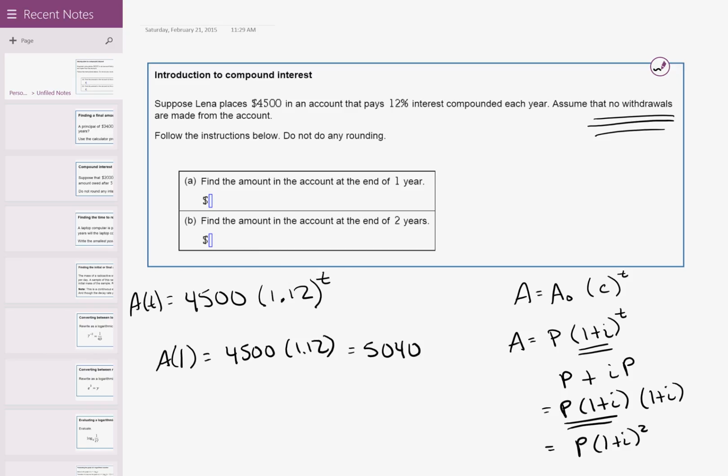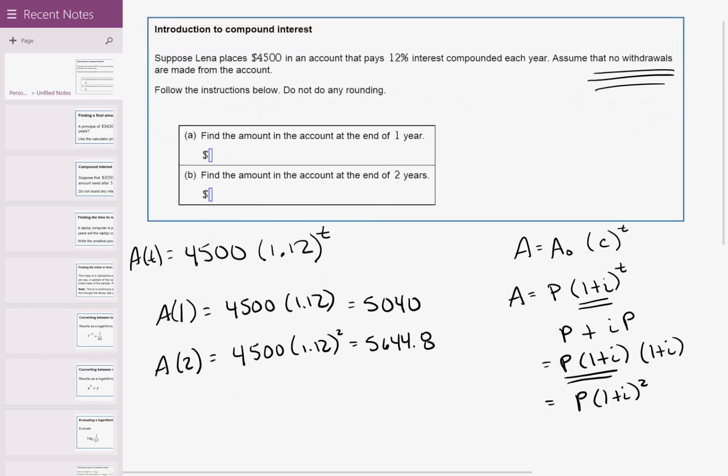And then I'm asked to find the amount in the account at the end of 2 years, and that is A of 2, which would be 4,500 times 1.12 squared. And for that, I get 5644.8.